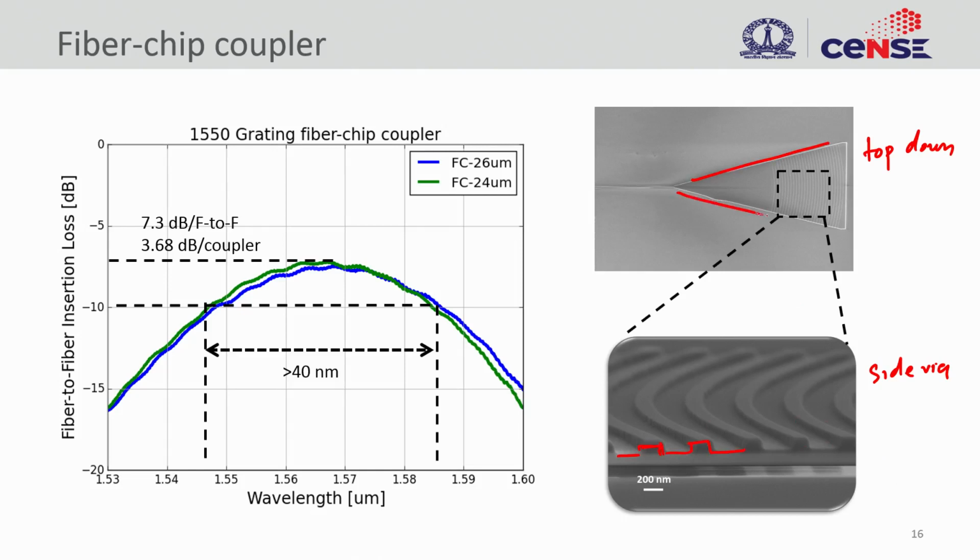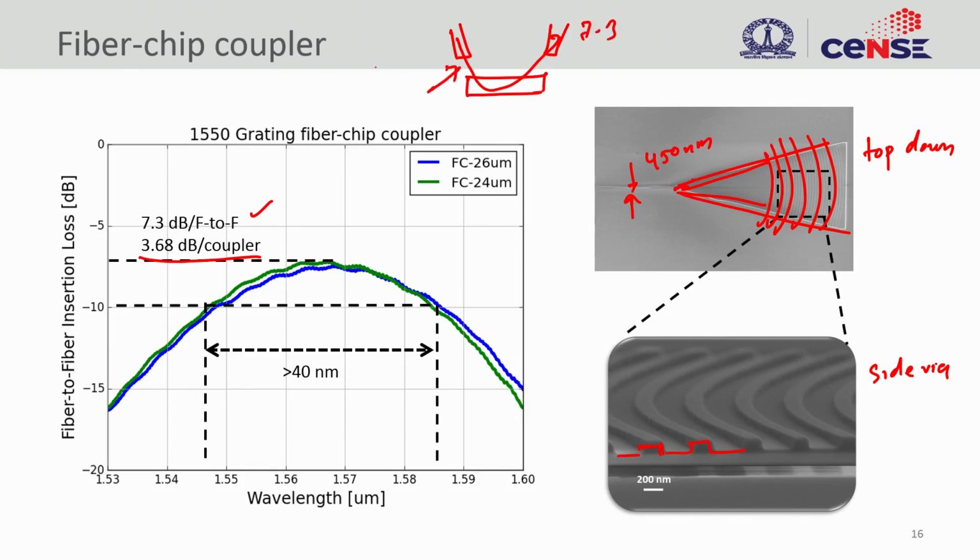The conical shape allows you to focus the light, and these curved gratings also allow you to focus it to this waveguide which is 450 nanometers. So by using this, a per-coupler efficiency of about 3.7 dB is achieved, but fiber to fiber is about 7.3 dB, right. So when you take a chip, you put in a fiber in and a fiber out, right. So this total path loss is about 7.3, individually it is 3.68. So this is how you couple light, okay.